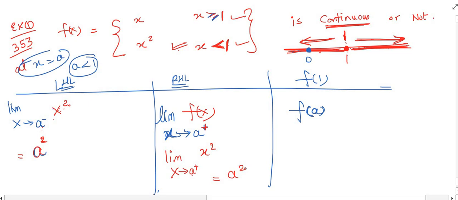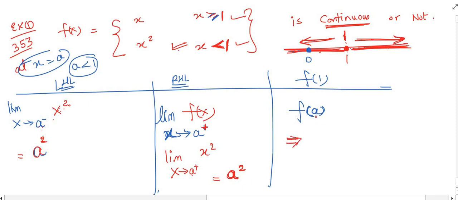H method is used in very special cases where we have some function f(x) by g(x), we have trigonometric functions, or we are having limits like 0 by 0. In those cases we use H method. Here there is no need to use H method because it's a plain polynomial function.